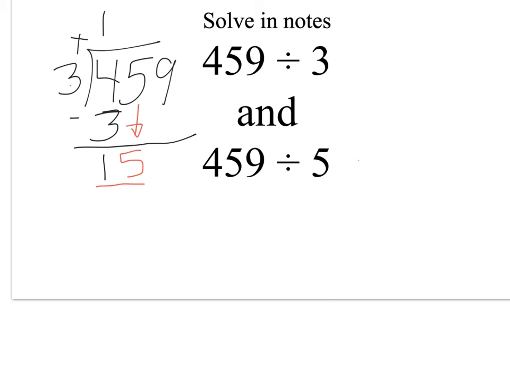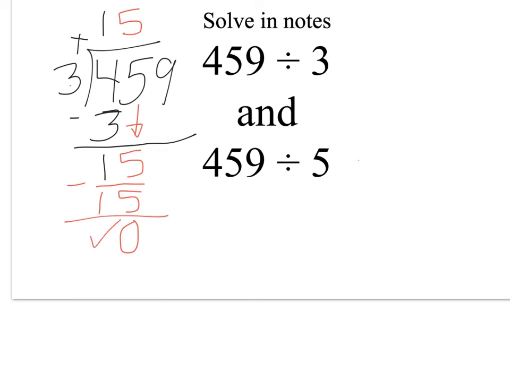So I need to think, if I have 15 tens to divide between 3 groups, how many can I put in each group? Well, I can put 5, because 5 times 3 is 15. Then I'm going to subtract. 15 minus 15 is 0. And check to make sure that 0 is smaller than 3.